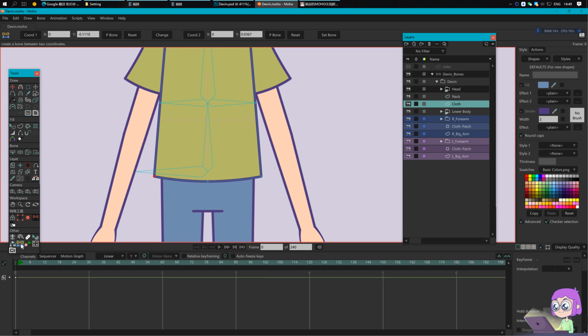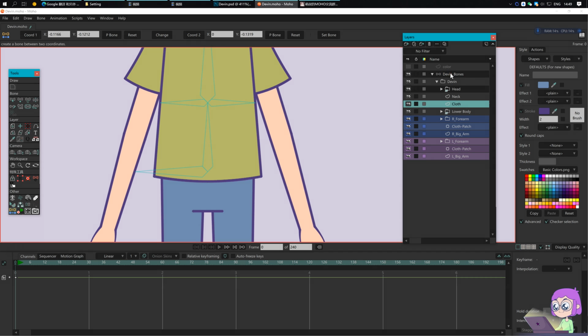Then add the bones to the bottom of the clothes. 1 point bone can show 1 point.